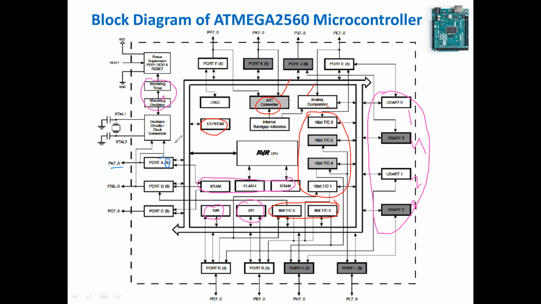We have port A, port B, port C, port D, port E, port F, port G, H, I will not be there, J, K, L. So we have these many ports.